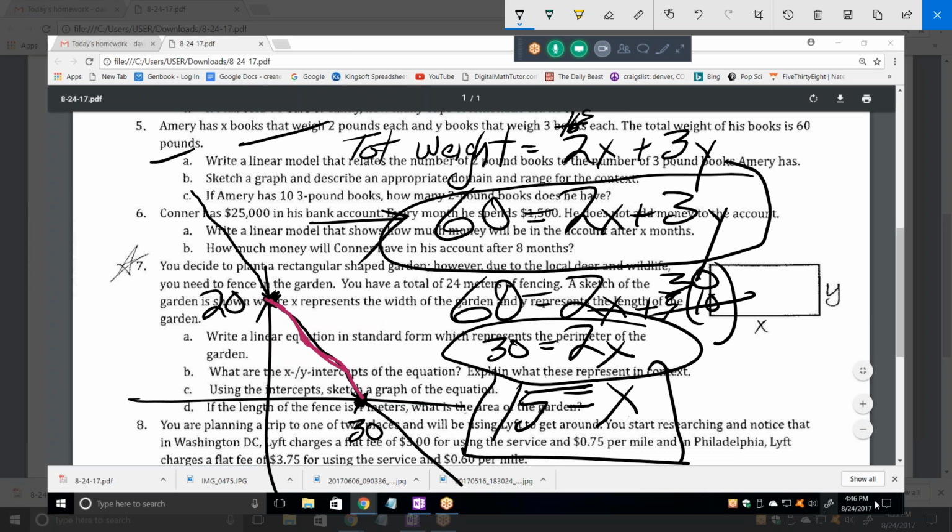Now, let's check and see if that makes sense. She has 15 2-pound books. How much weight does she have in 2-pound books? 15 times 2, 30.